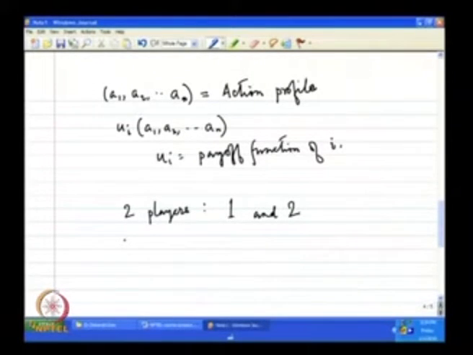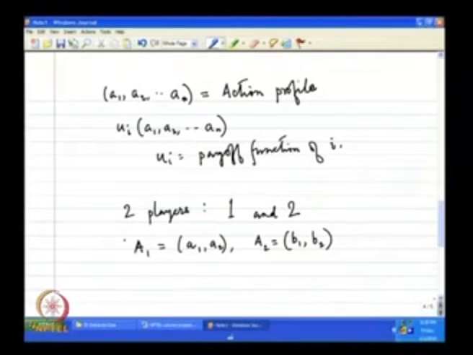Suppose A1, the set of actions of player 1, is equal to small a1, small a2, and A2, the set of actions of the second player, consists of two elements, small b1 and small b2.